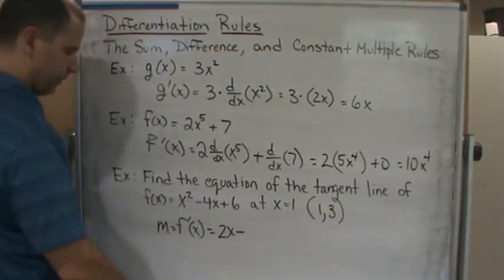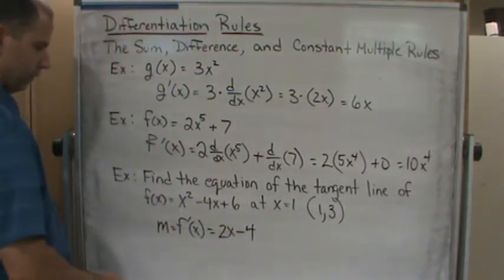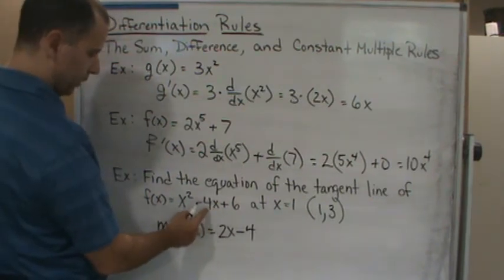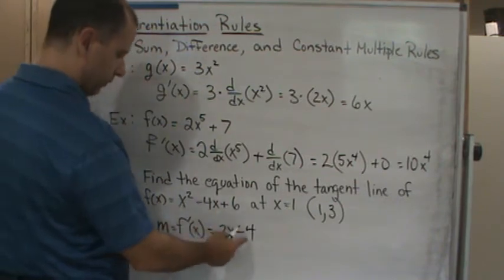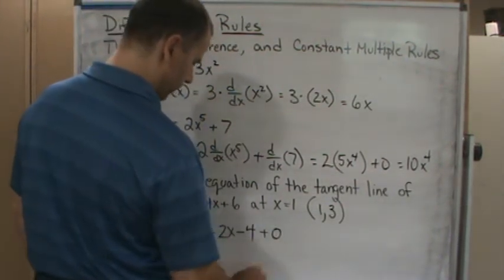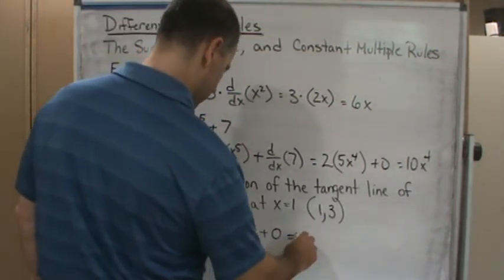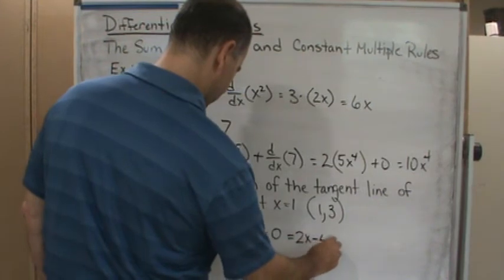Minus, what's the derivative of 4x? 4. Because what's the derivative of x? You ignore the 4, right? But what's the derivative of x? 1. So you get 4. Plus the derivative of 6, which is 0. And so what's the derivative function? It's going to be 2x minus 4.